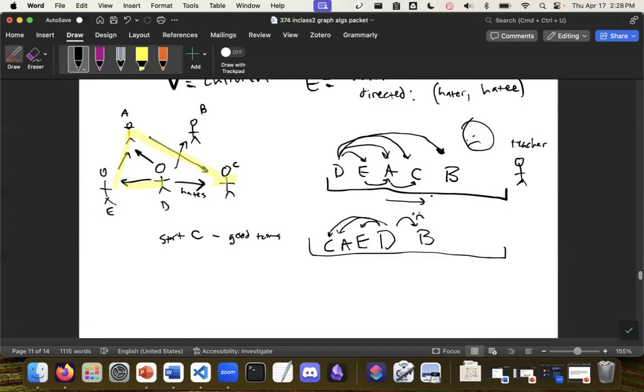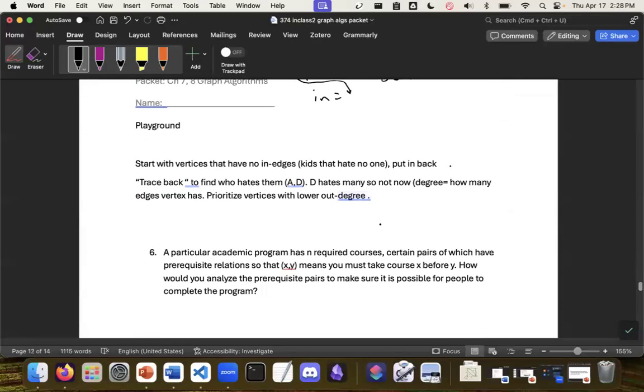Then we got start. How do we fix this? Idea? Yeah. Send B all the way to the back. Okay.